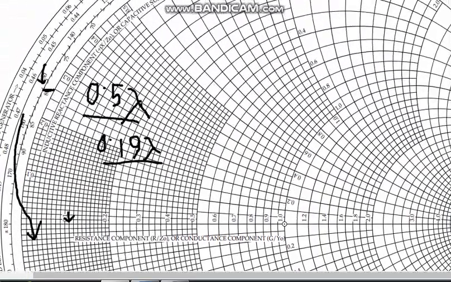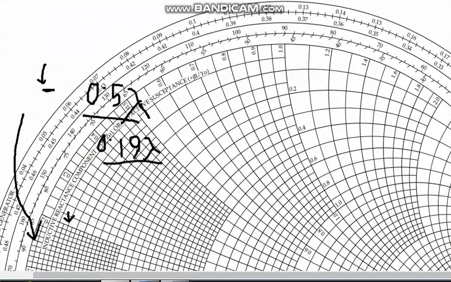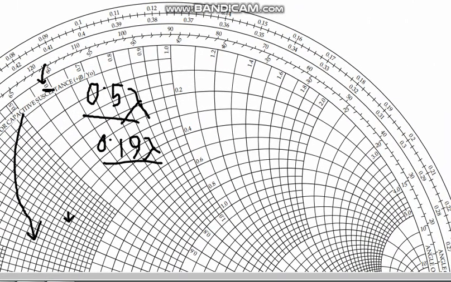And if I tell you that it is towards the generator, 0.19 lambda, what would it be? Go back to the scale and find out where 0.19 is. The 0.19 is here, if it is generator.